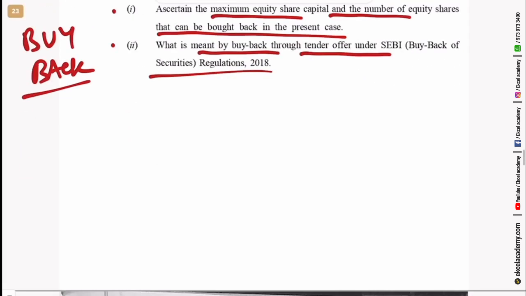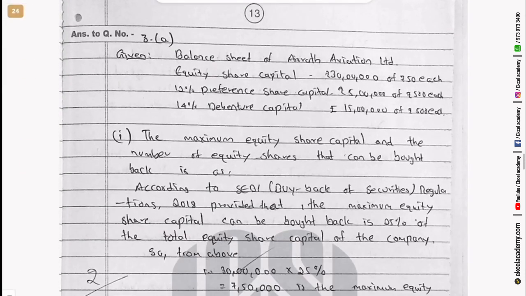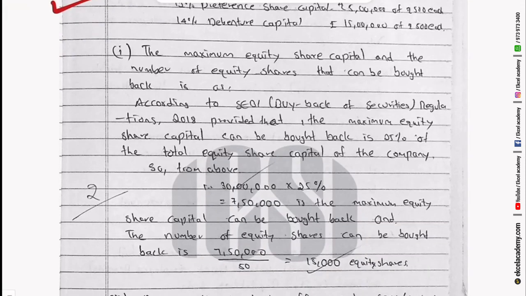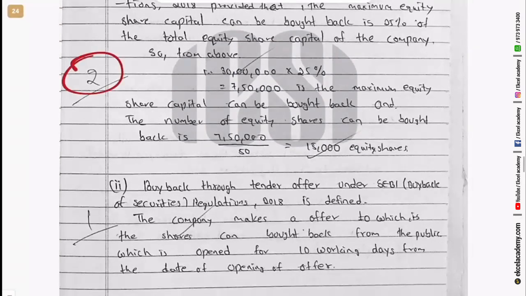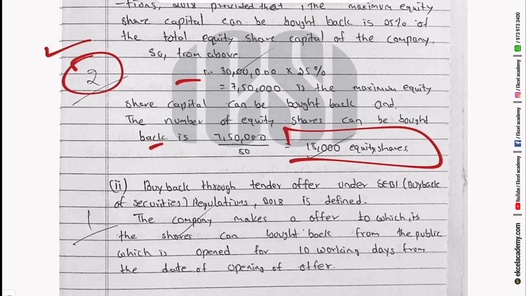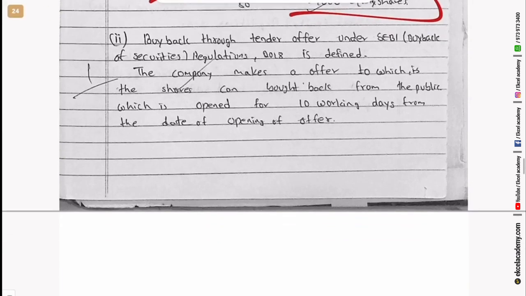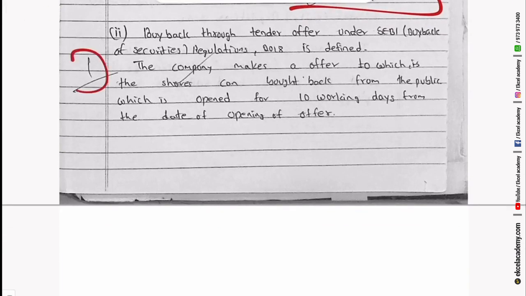So 2 sub questions are there. What are the facts given? He has clearly mentioned. Then what is the maximum that you can do? He has given it, so those 2 marks he has scored. Calculation is also correct. Excellent. And the next one, everything is not correct, but only 1 point is correct, so he has got 1 mark.